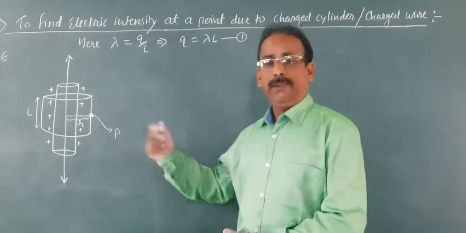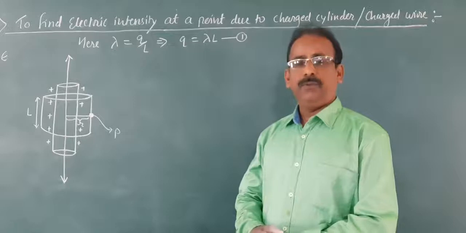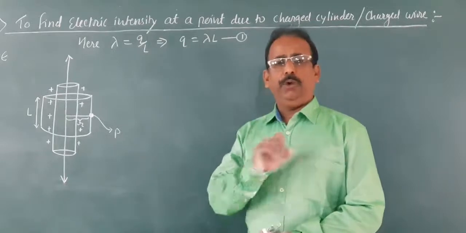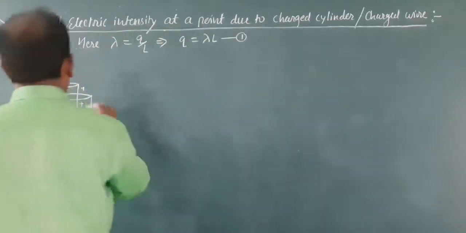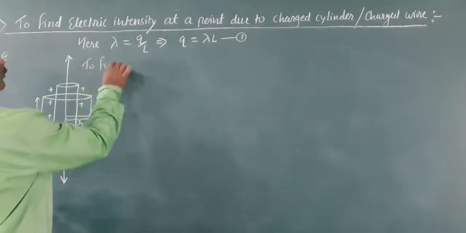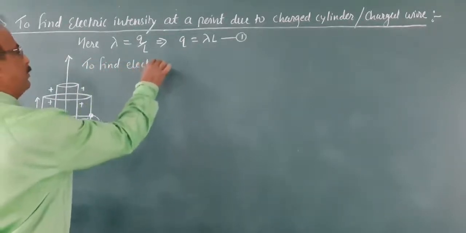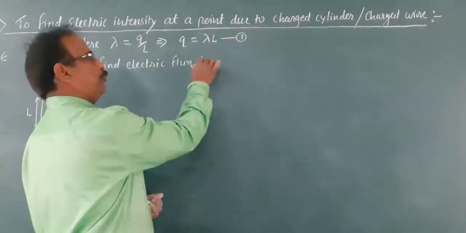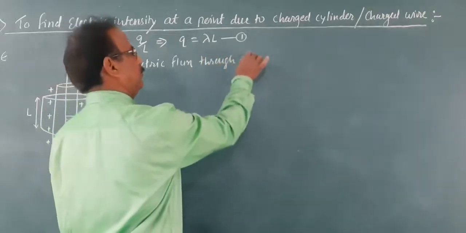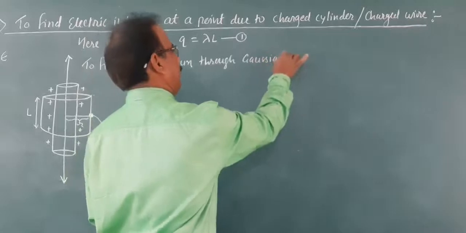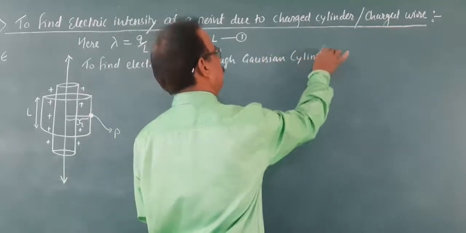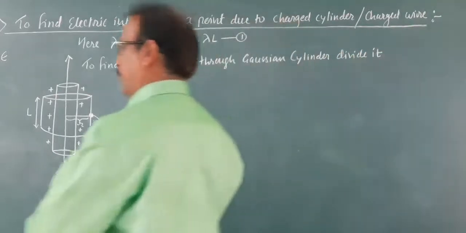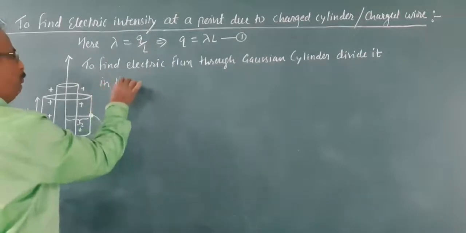To find the electric flux through the Gaussian cylinder, for simplicity divide it in two parts.